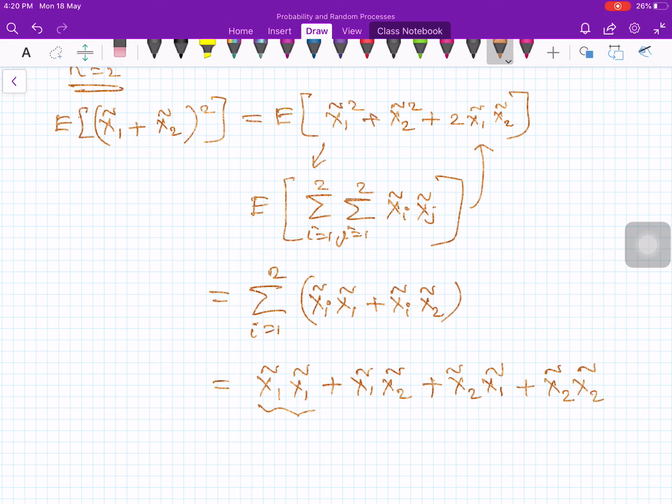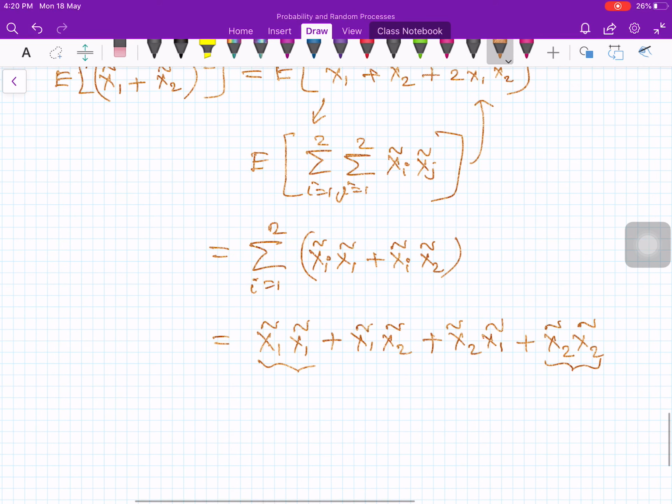So this is a square term, x1 squared, and this is also x2 squared. Therefore this is going to be x1 tilde squared plus x2 tilde squared plus, you can sum these up, 2 times x1 tilde and x2 tilde.